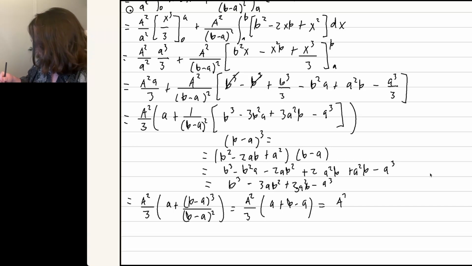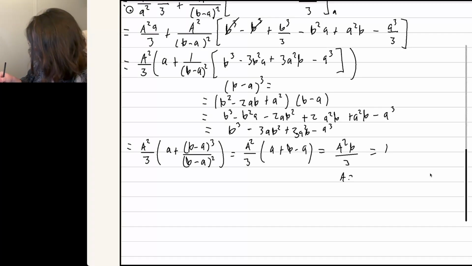So you get A squared b over 3. Now that has to be equal to 1, so you just solve for A. You get the square root of 3 over b.